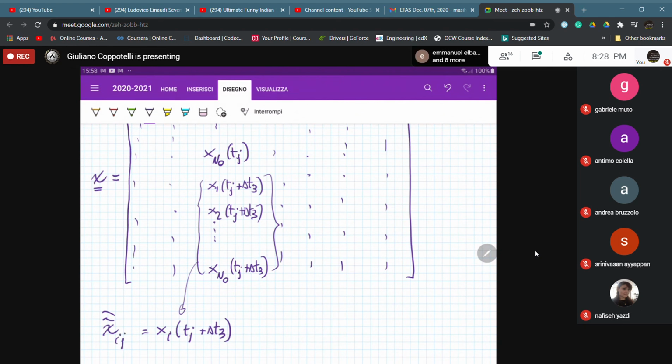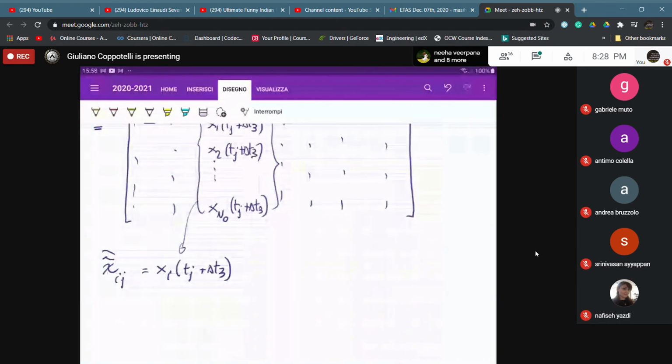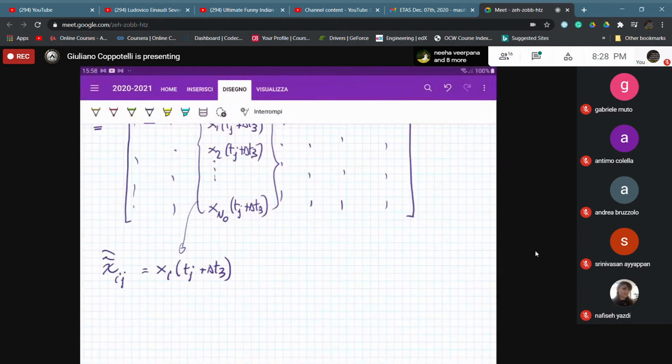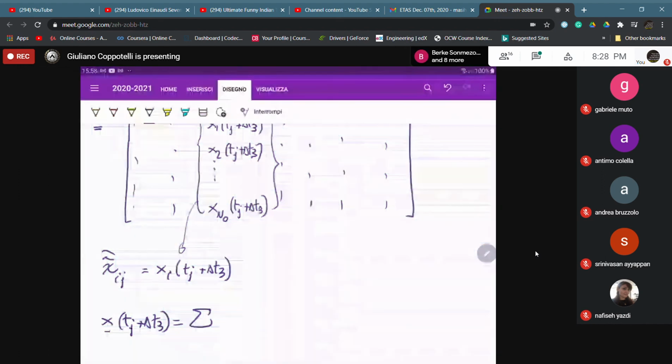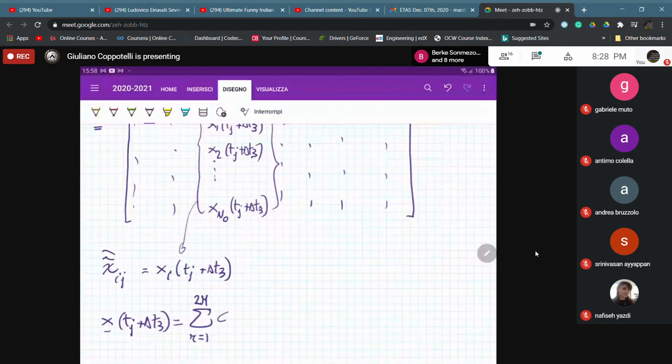Okay, so these responses at Tj plus delta T3 could be viewed as the summation, when referring to your model parameters, that goes from 1 to 2m, phi r e to lambda r (tj plus delta t3).